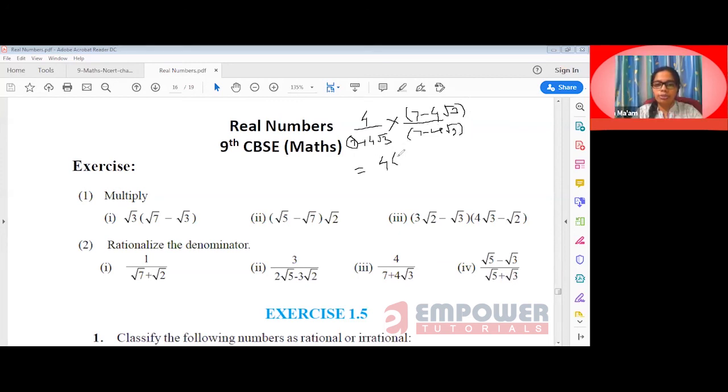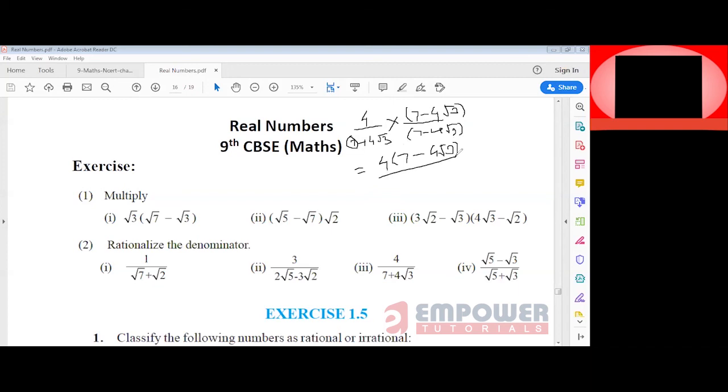So what will be the next step? 4 into 7 minus 4 into root 3, right? What next? 7 minus 4 root 3 whole square? No, this will be equal to, this is A minus B into A plus B bracket form, right?